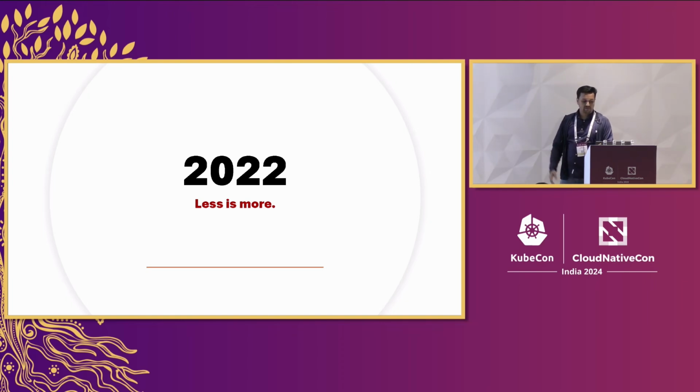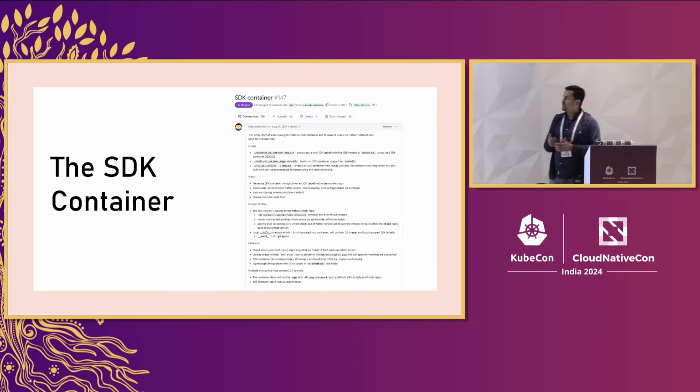In 2022, we started focusing on optimizing the overall architecture that we had. One of the first iterations was updating the whole baseline infrastructure that Flatcar builds on. Earlier we used a tool called Core, which uses chroot, but then we dropped the whole thing and moved to building SDK containers.